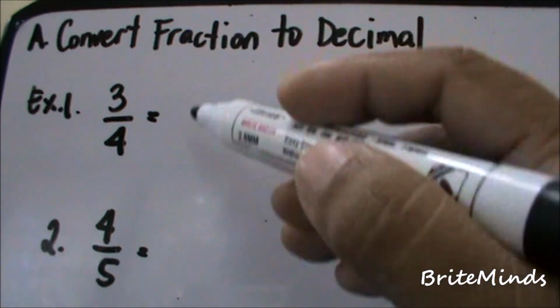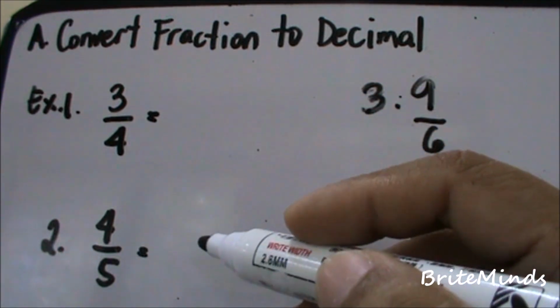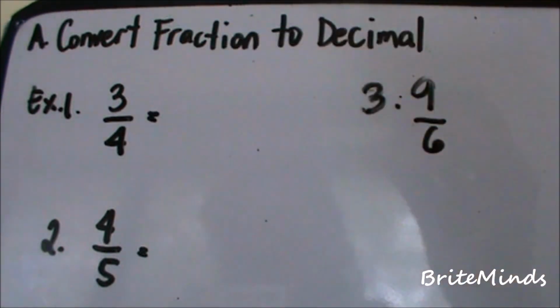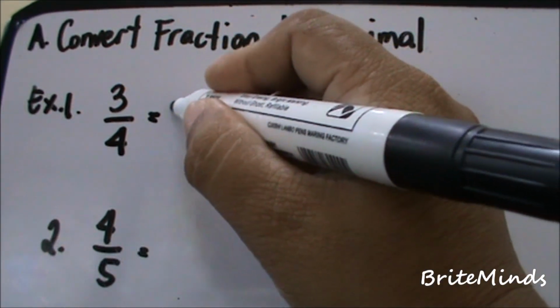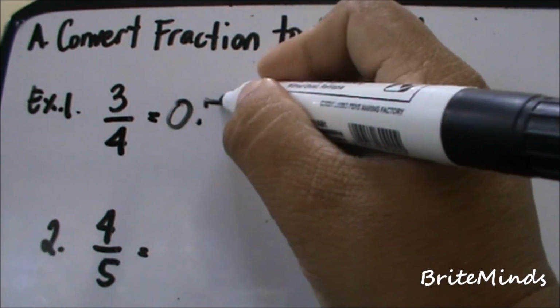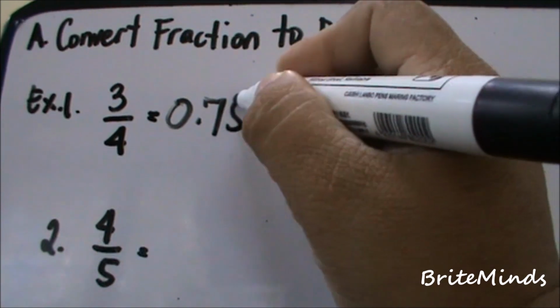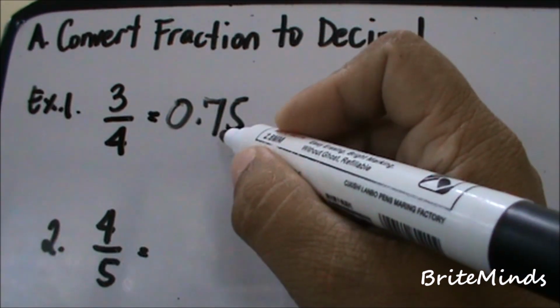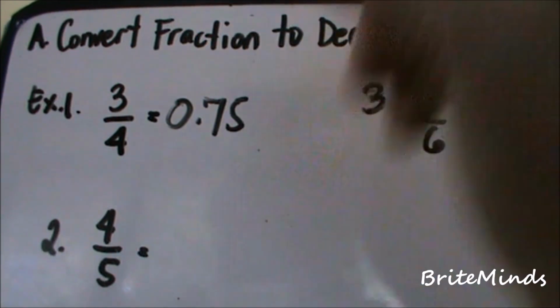So we simply perform division. 3 divided by 4 will be 0.75, or we can read it as 75 hundredths.